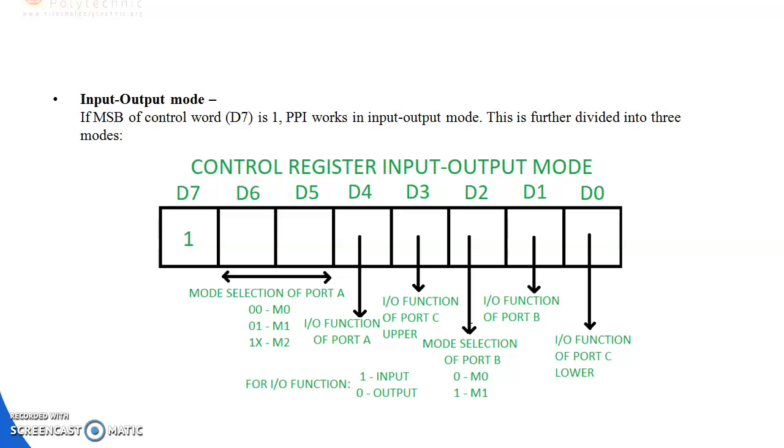Then if the input is 1, then the input output function of port C is activated. Then mode selection of port B: if it is 0 then it is mode 0, and if it is 1 it is mode 1. So this is the input output mode of the PPI.